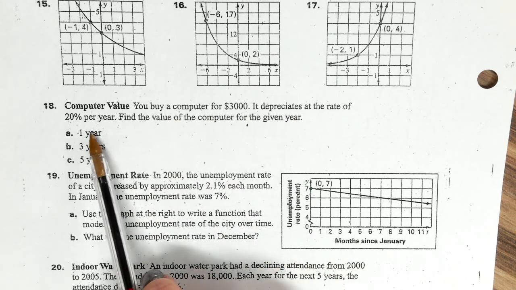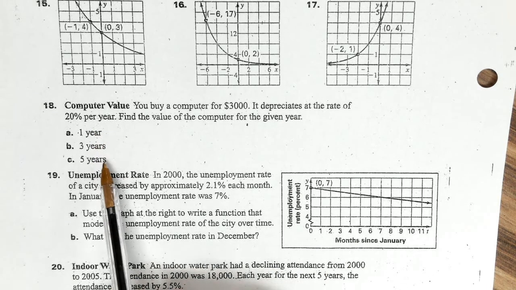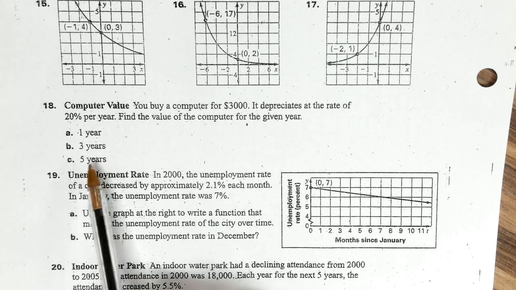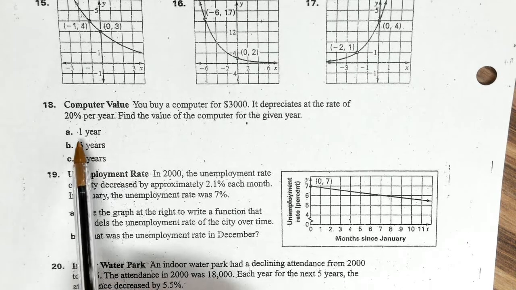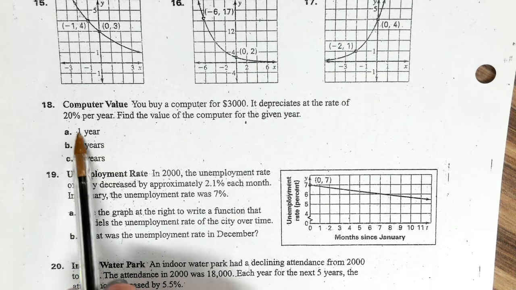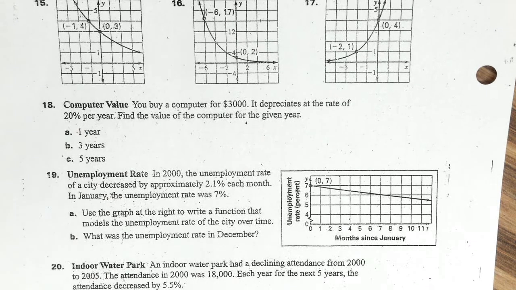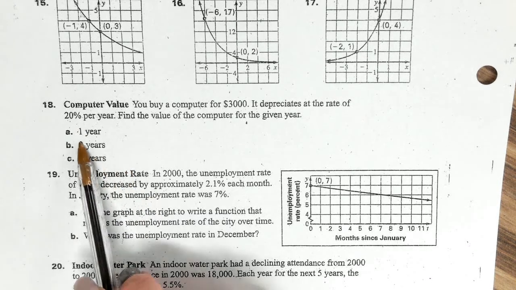So you're going to find it for 1 year, 3 years, and 5 years. That's what you're going to plug in for the value of x in your exponential function. Does everybody understand? So the first one, once you write your function, you'll plug in 1 for x. The next one, you'll plug in 3 for x.